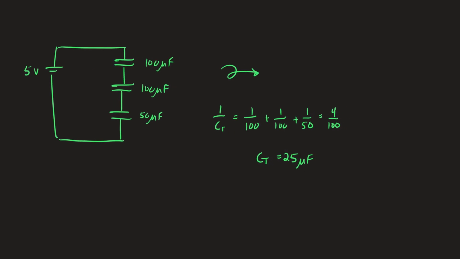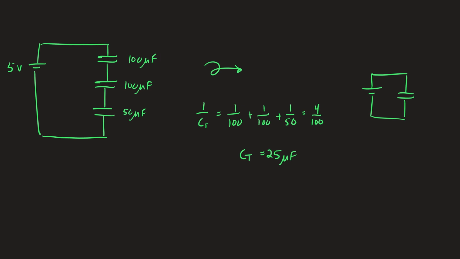So my simplified circuit has one capacitor, and it is 25 microfarads. Now I still have my same 5-volt power supply. So I want to find the charge, and charge is equal to capacitance times voltage. So 5 times 25 is 125 microcoulombs.